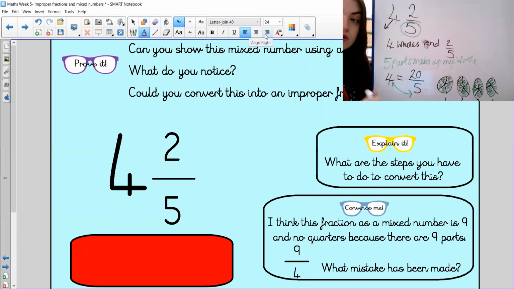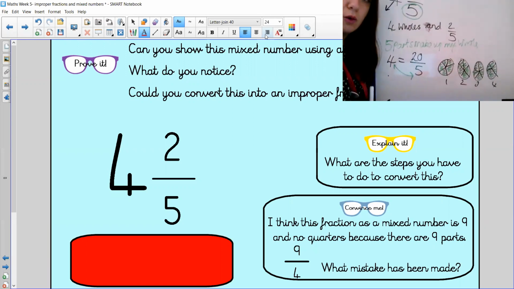The information that I know already is that to make a whole, you need to have the same number in the numerator and the denominator. So if my whole has 5 equal parts, to make a whole, I will need 5 of them. So 5 lots equals 1 whole. But here I've got 4 wholes.